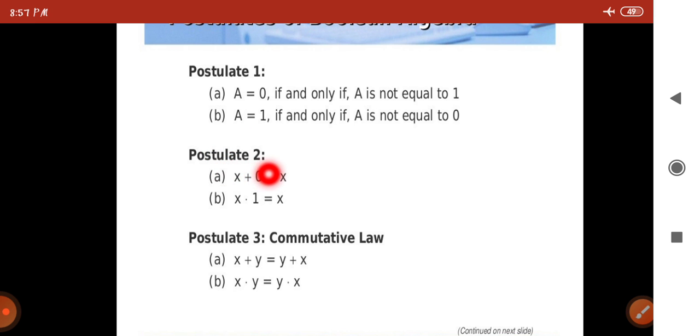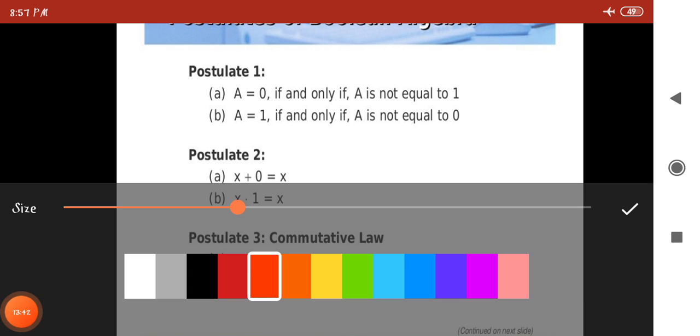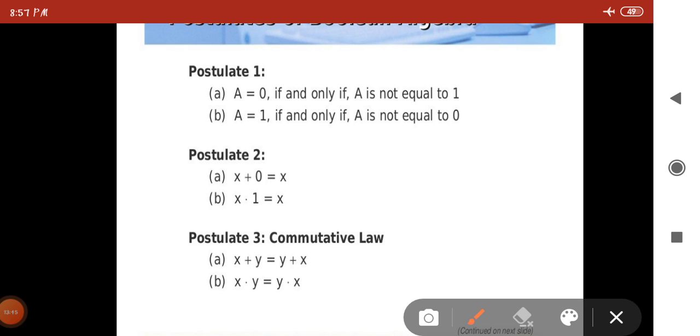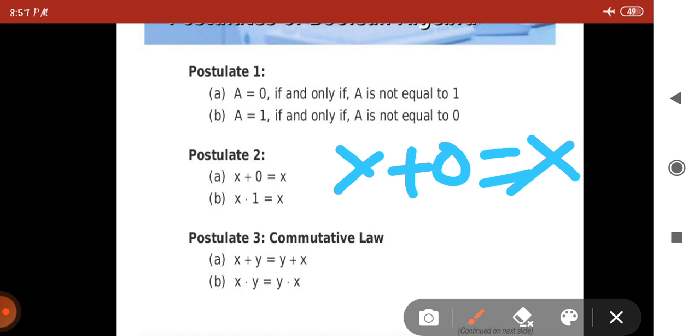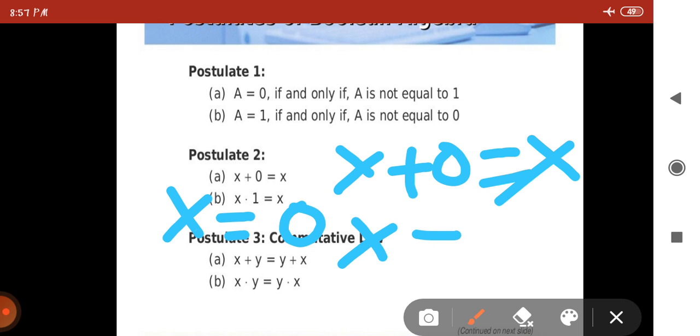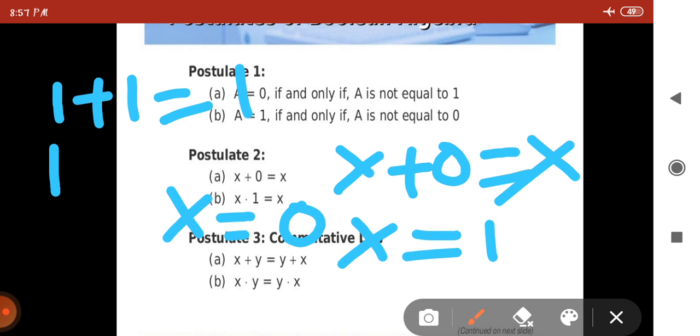Postulate number 2: the condition is x plus 0 equals x, whether x equals 0 or x equals 1.